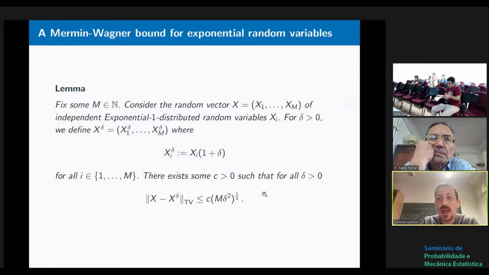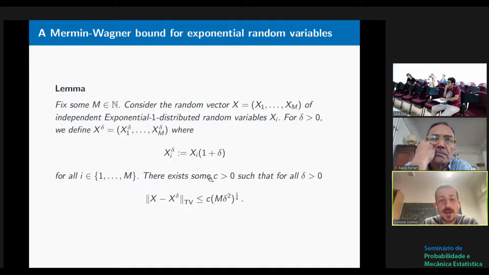Roughly speaking, what we get is that for a vector of length m, I can manipulate each of the individual exponential random variables by order 1 over square root of m without changing the law by much.